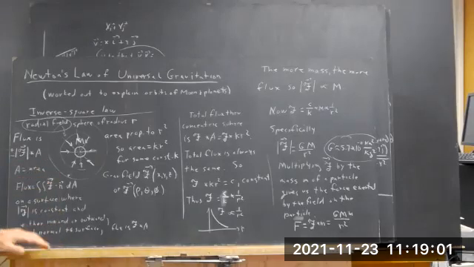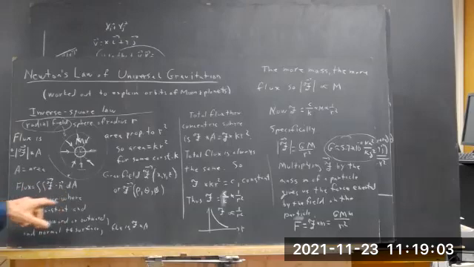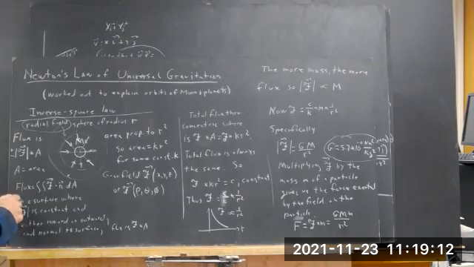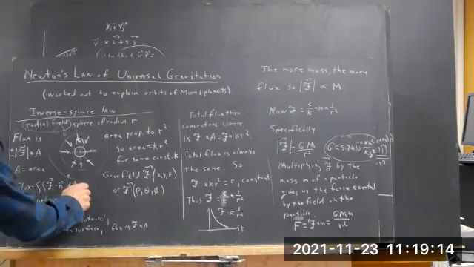So we have this statement. This is the flux on any surface where F is constant. Flux is this, on any surface. Make that a capital, put a period after this.